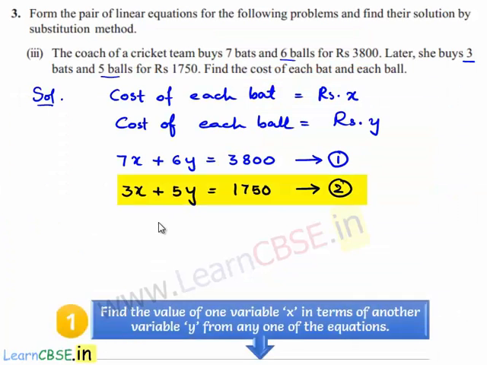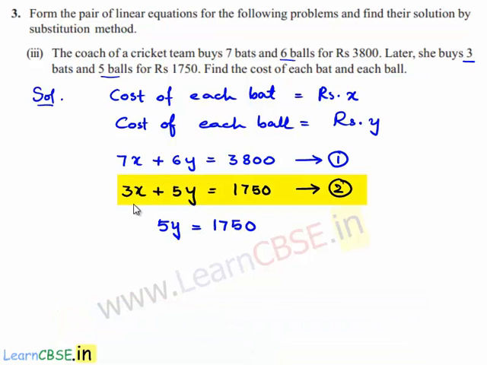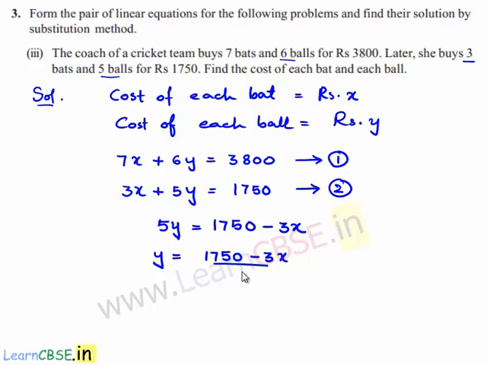Equation number 2 can be written as 5y is equal to 1750. So 3x can be transposed to right hand side. We will be getting minus 3x. So y is equal to 1750 minus 3x divided by 5.